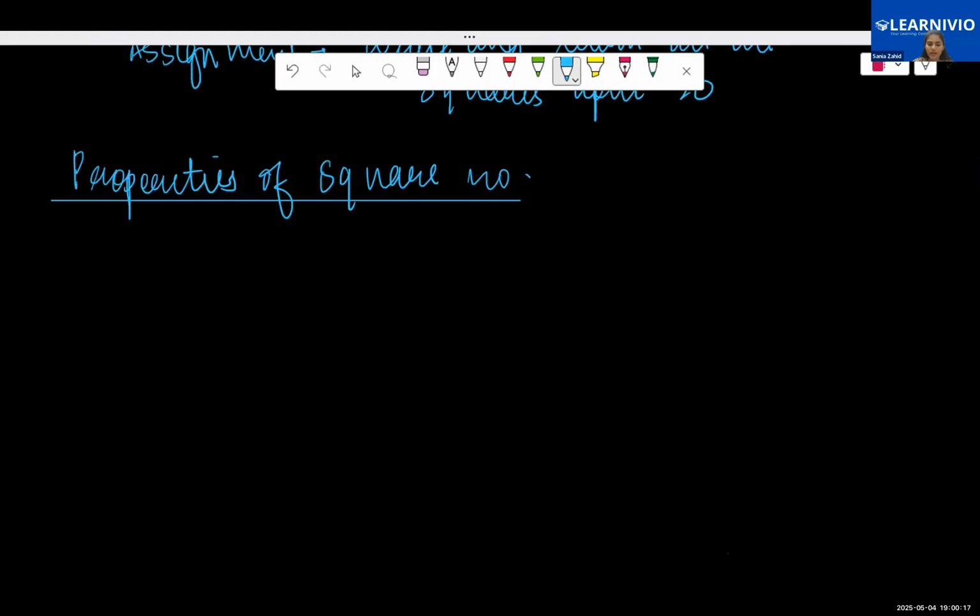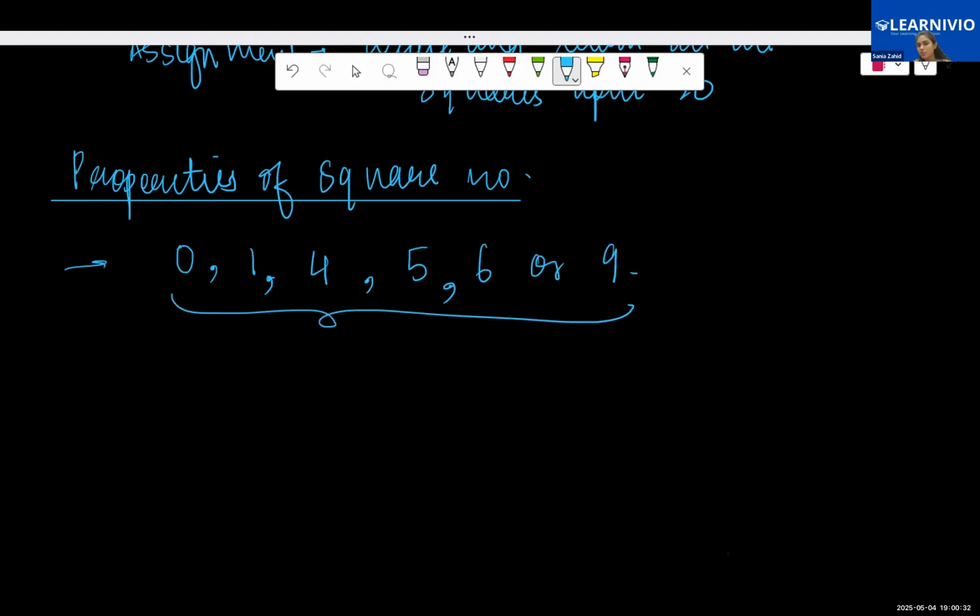Don't worry. So, any number, let's suppose I have a number ending in 0, 1, 4, 5, 6, or 9. If our number is ending in these digits, then it can be a square number. Okay, I'll give you examples.